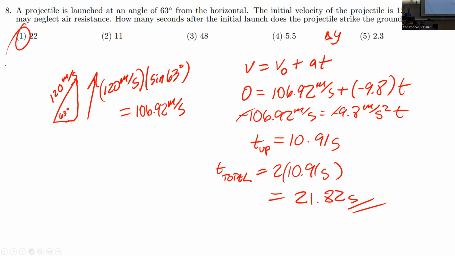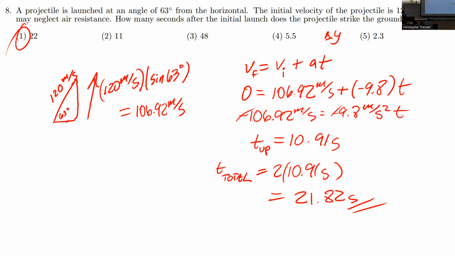So hopefully that problem makes sense. Oh, you're talking about, let's see, you wanted to see this. There you go. That's what that would be, right? Oh, why am I doing everything in the y?